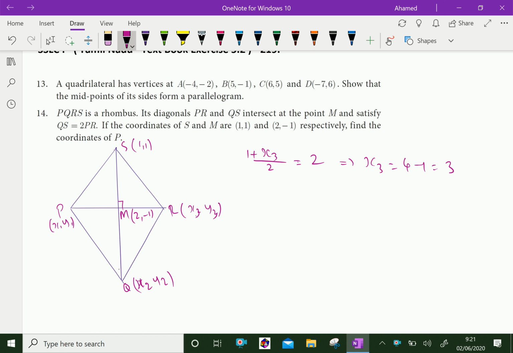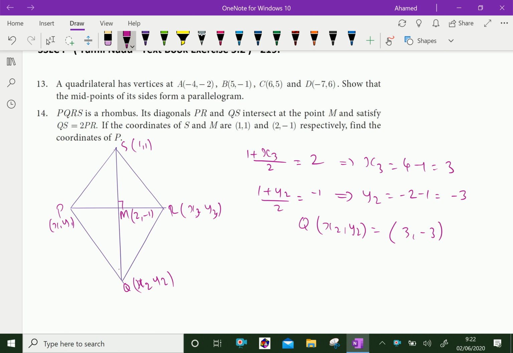Similarly for the y points, (1 + y3)/2 equals minus 1, which gives y3 equal minus 3. Therefore the point Q is (3, -3).